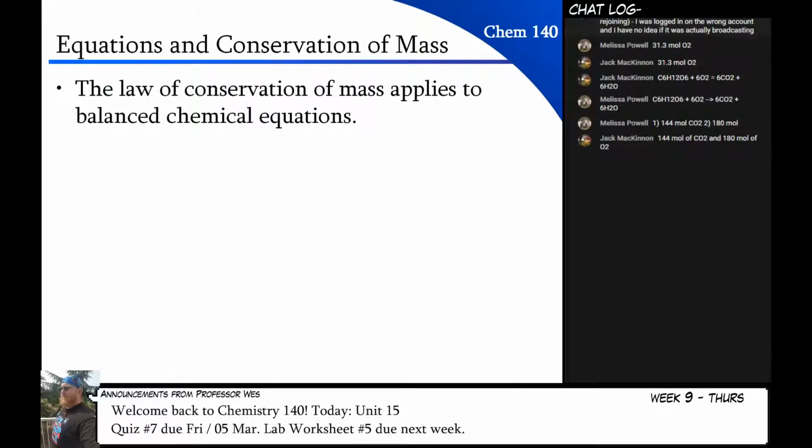All right, so when we were talking about the law of conservation of mass earlier, and we said how we had to balance both sides of the equation in order for us not to be creating or destroying mass, when we do reactions, the law of conservation of mass still applies, and you can see it in the math that we're doing.